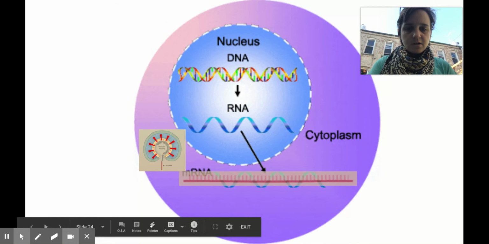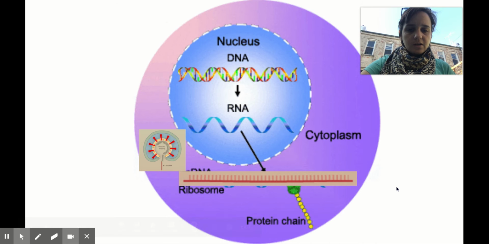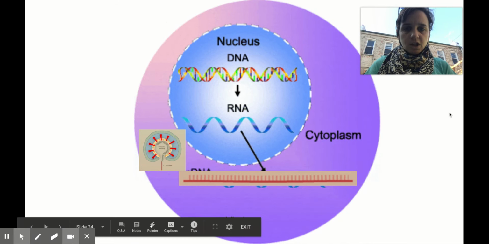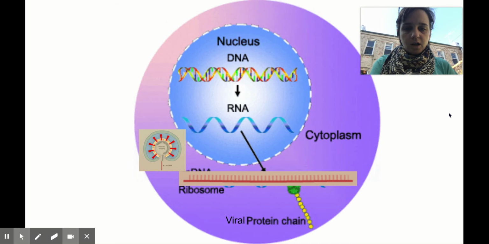Now it's going to read viral RNA. And the ribosome is going to go ahead along building a protein chain, but now instead of being a protein chain that I want, it's going to end up being a viral protein chain. So again, the ribosome is reading the viral RNA and it's building a viral protein.